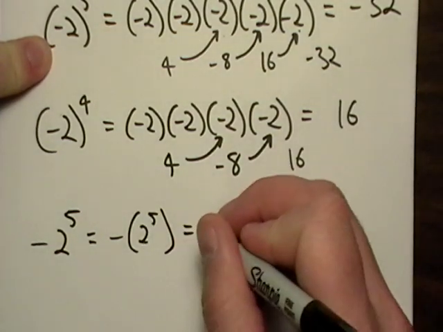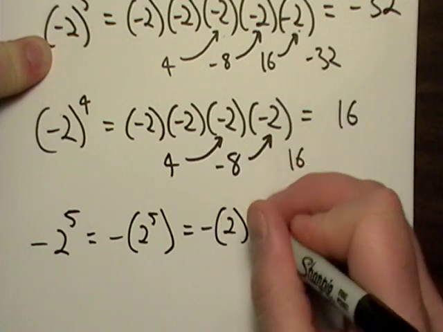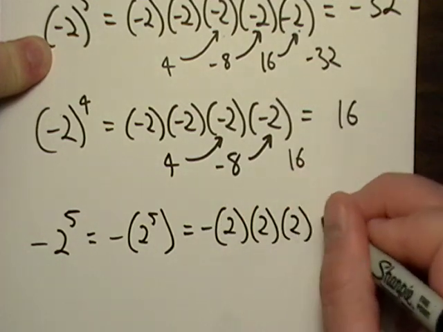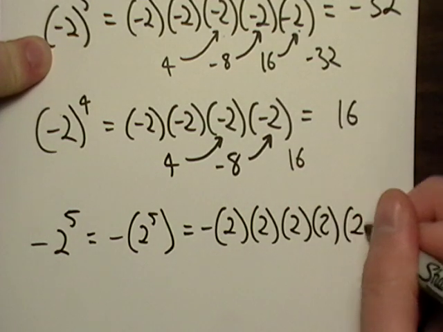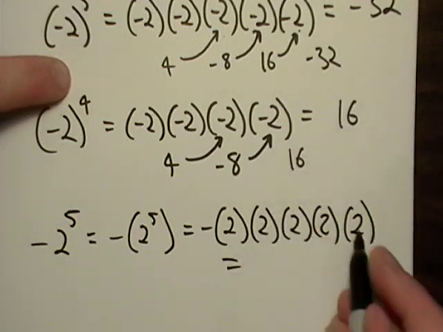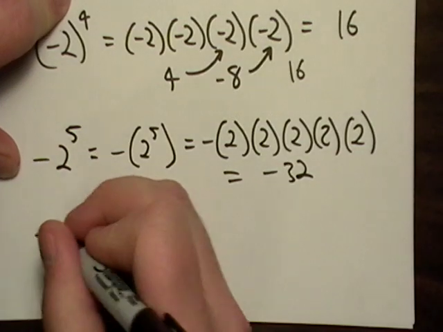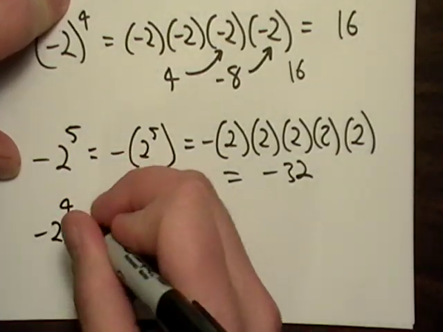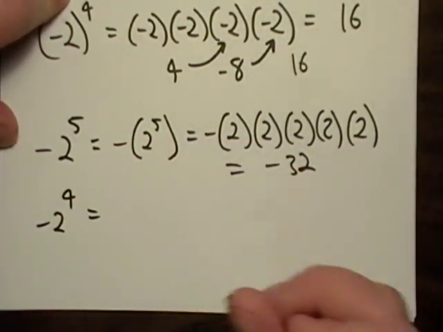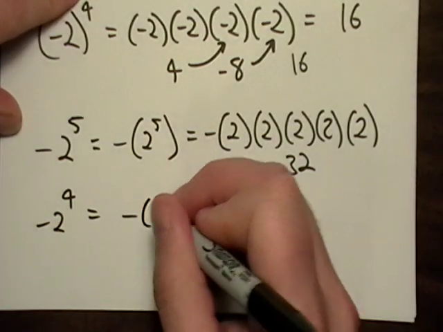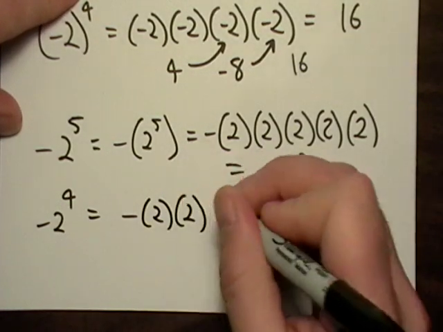So what we'd do right there is we'd have negative, and this is 32, so we still have negative 32. But if we take this and apply it to an even power, well, just watch what happens.